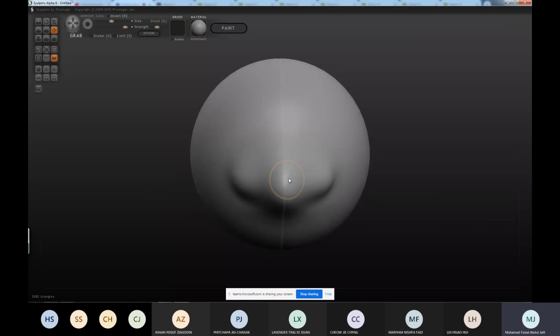So focus on the faces. Focus on the faces there. Portrait faces there, right? Okay?